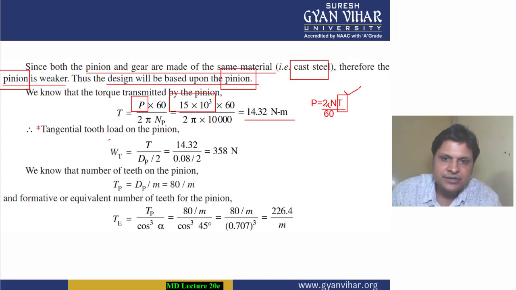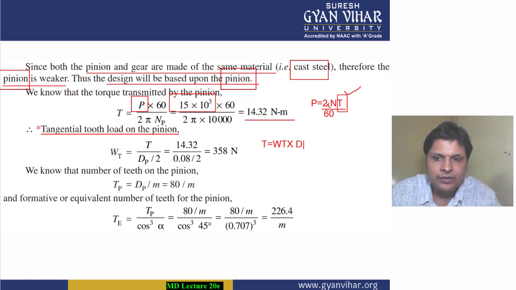Now the tangential load. Since torque we have obtained, now the tangential load that will be acting on the pinion: we all know that torque T is equal to the tangential load, force Wt, into dP by 2. Force into distance from the rotation gives you the value of torque.